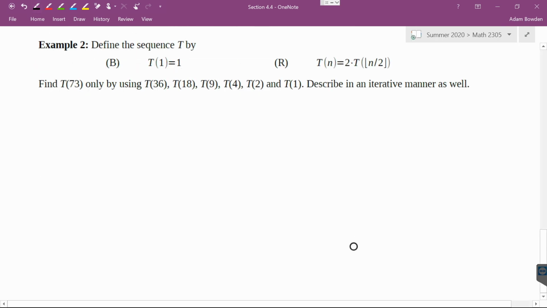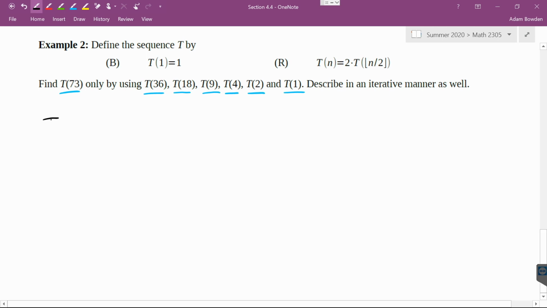Okay, now on this next one it says define the sequence t by t of 1 is equal to 1, and then t of n is equal to 2 times t of the floor of n over 2. We're going to start by finding t of 73, but by only using t of 36, 18, 9, 4, 2, and 1.